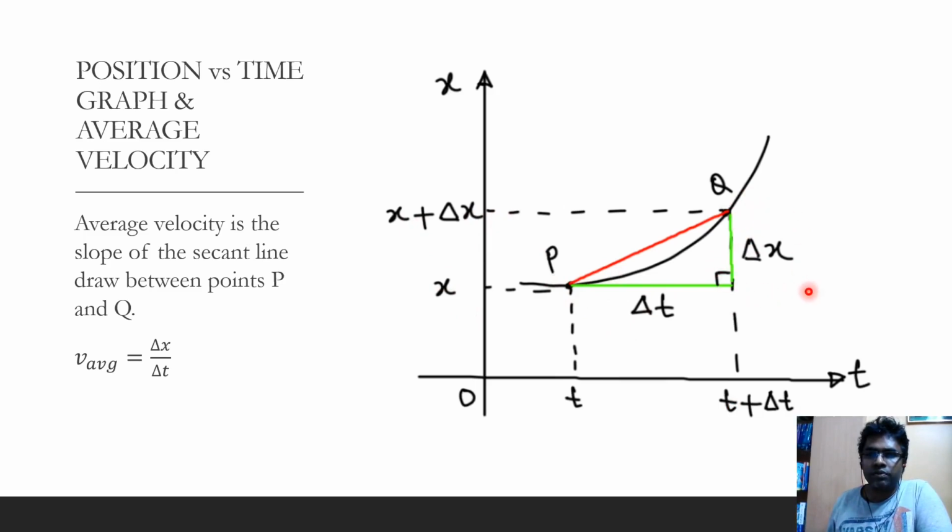The ratio of the displacement and the time taken is the average velocity. If you look at this line joining the initial position and the final position, you can easily see that it is nothing but the slope of the secant line between these 2 points.